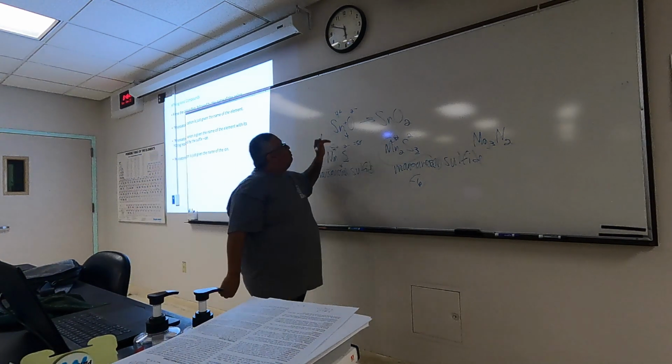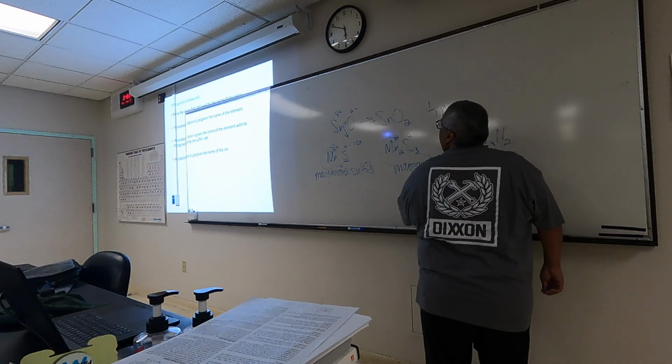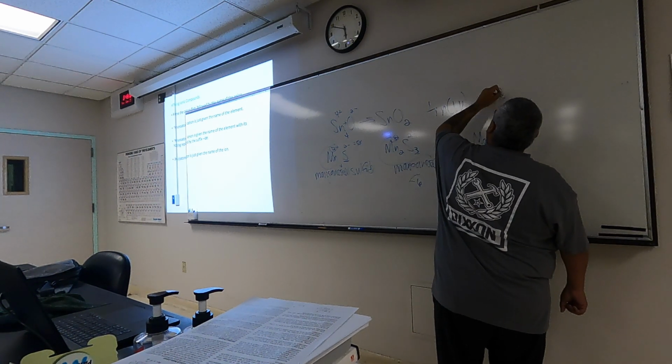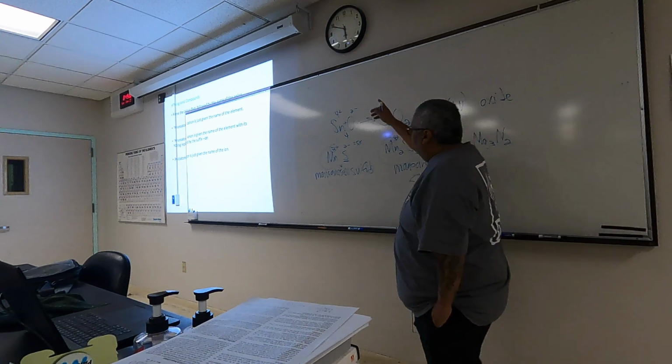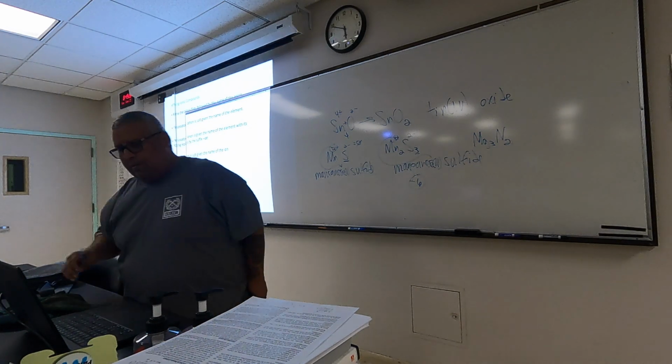So if we were to name this, we know the charge of tin. This would be tin 4 oxide. Tin 4 oxide because it's one of those exceptions that we have.